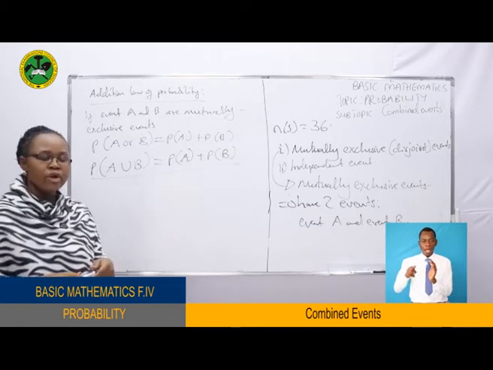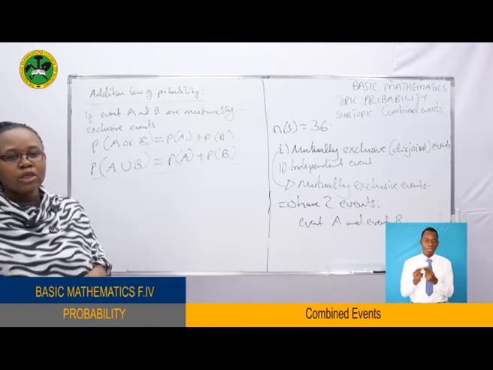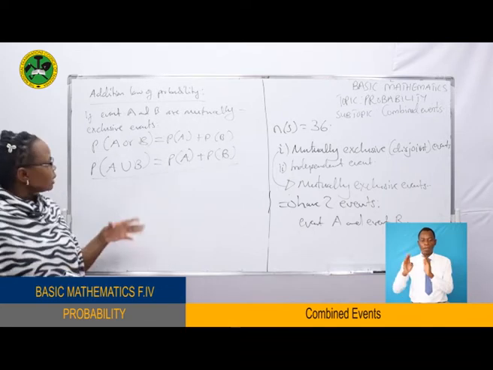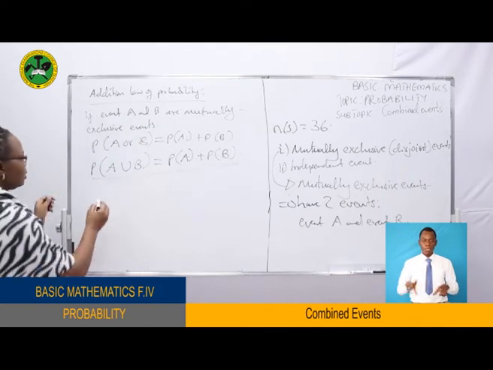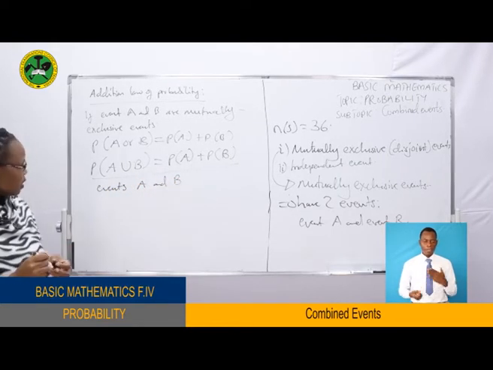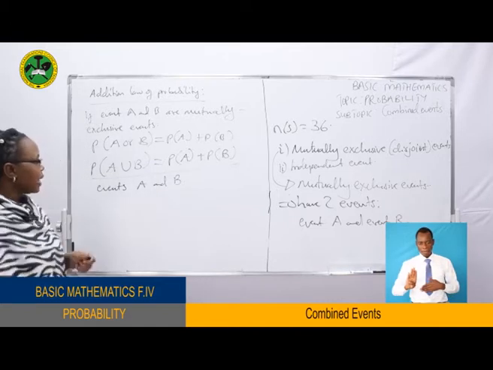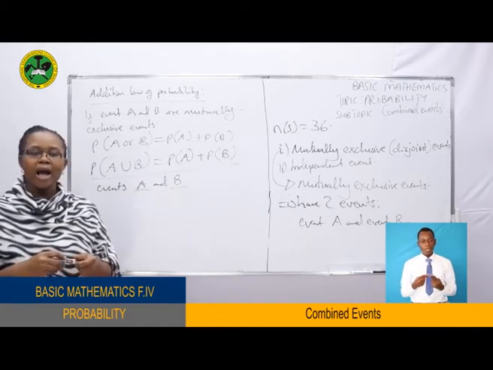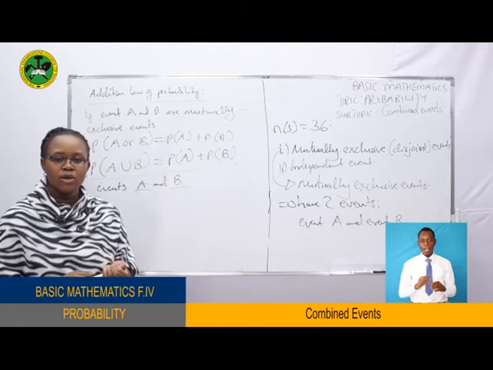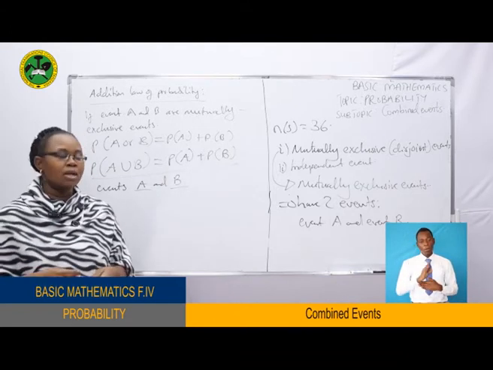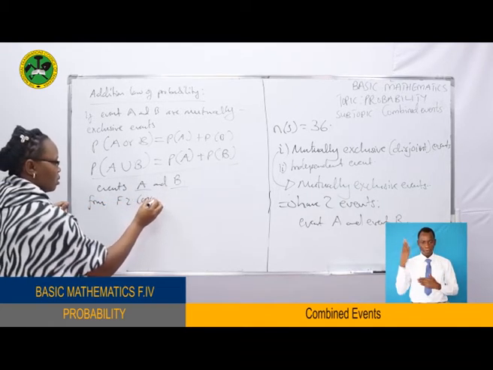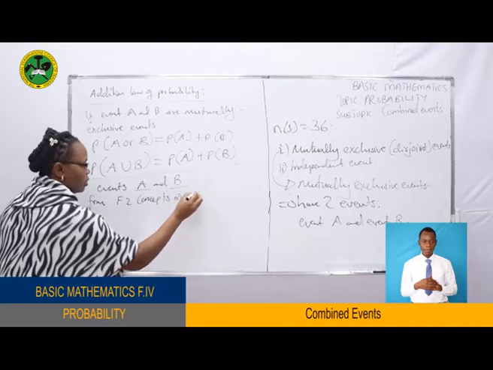And by using this one, you can find the probability of an event A to occur while event B does not occur. But when these two events, A and B, have the same element, then we can use the concept of sets as learnt in Form 2 class.